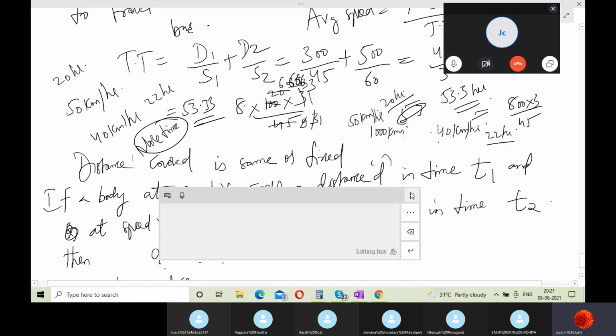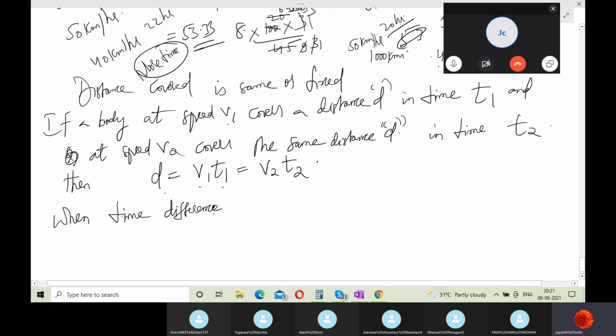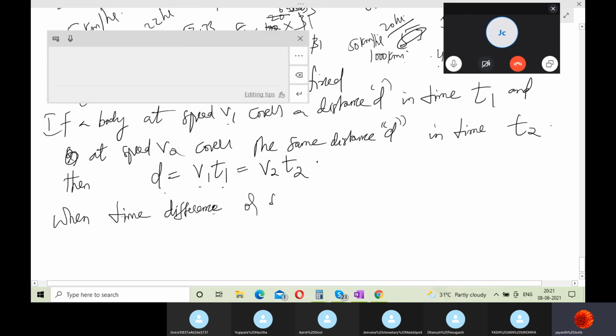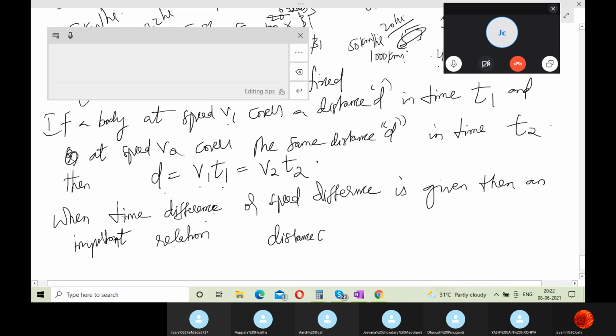Okay. Now, when the time difference or speed difference is given, then an important relation we can see is distance covered D by product of speed.